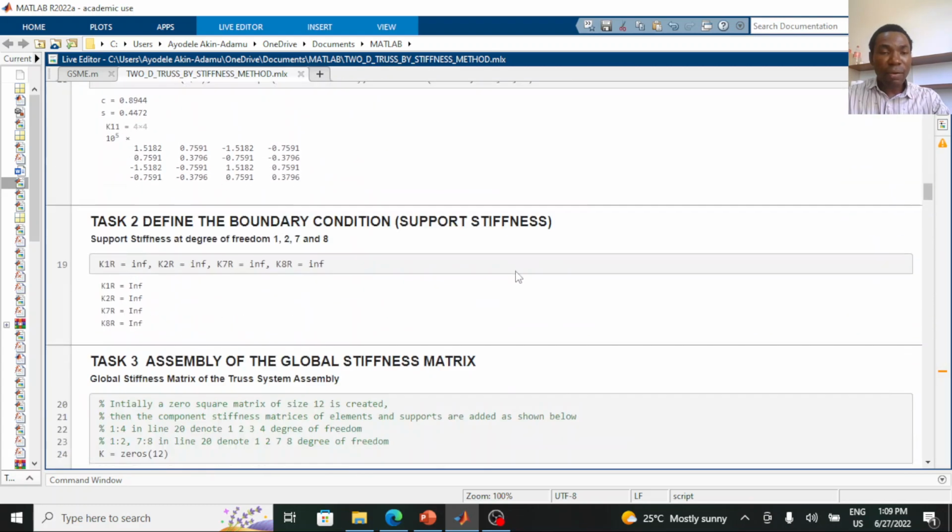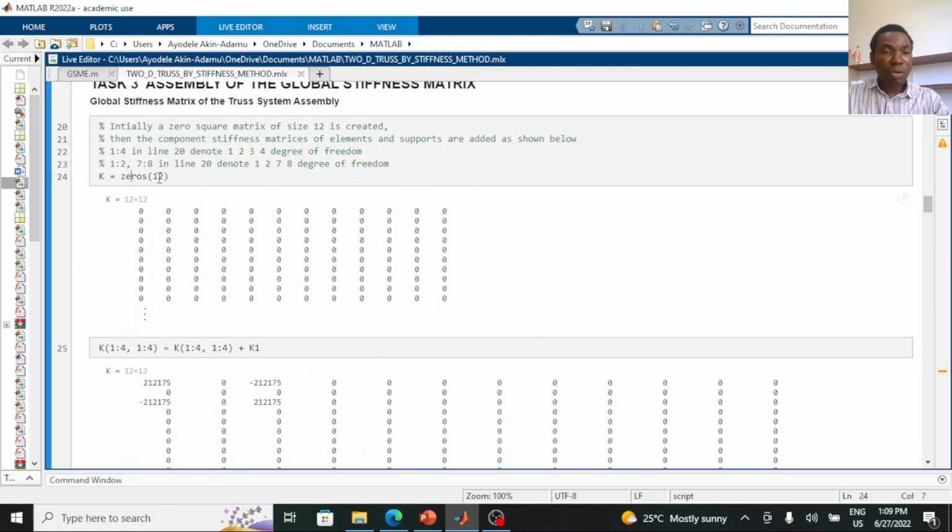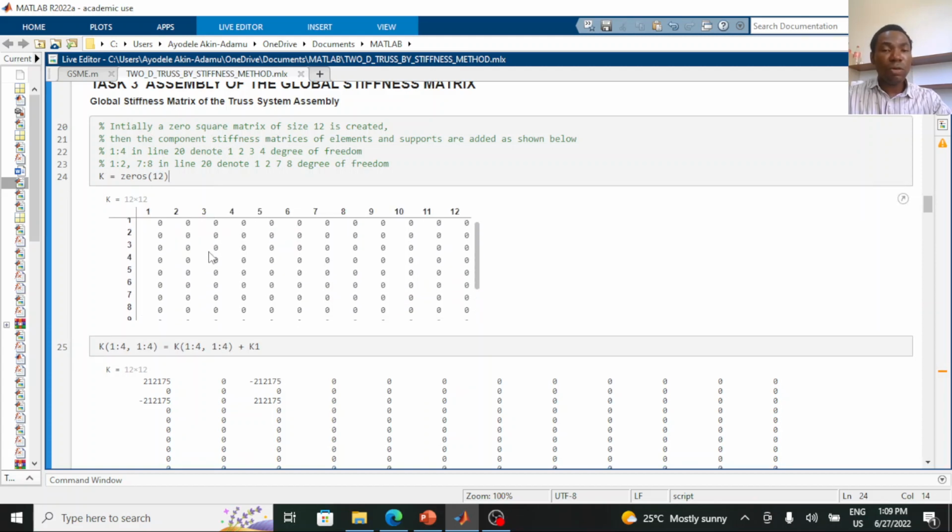This zeros is a MATLAB inbuilt function that generates a matrix of any size you want. You enter the input parameter in the bracket here. This 12 tells MATLAB I want a 12 by 12 matrix. So this is a zeros 12 by 12 matrix, my base matrix.